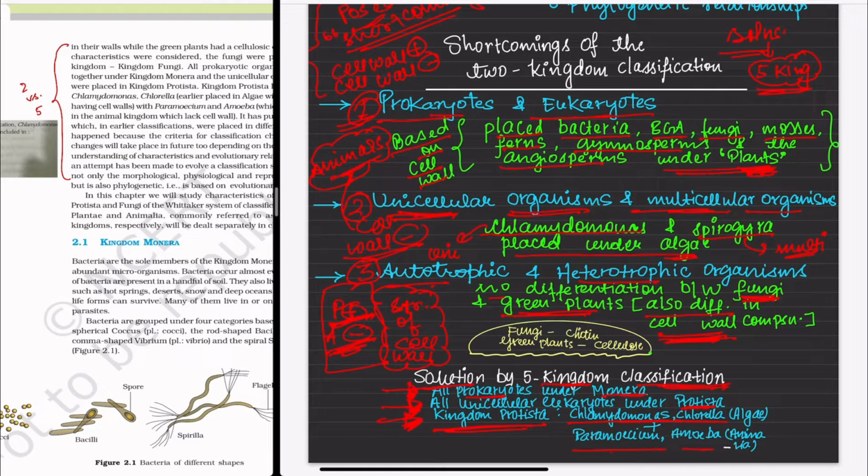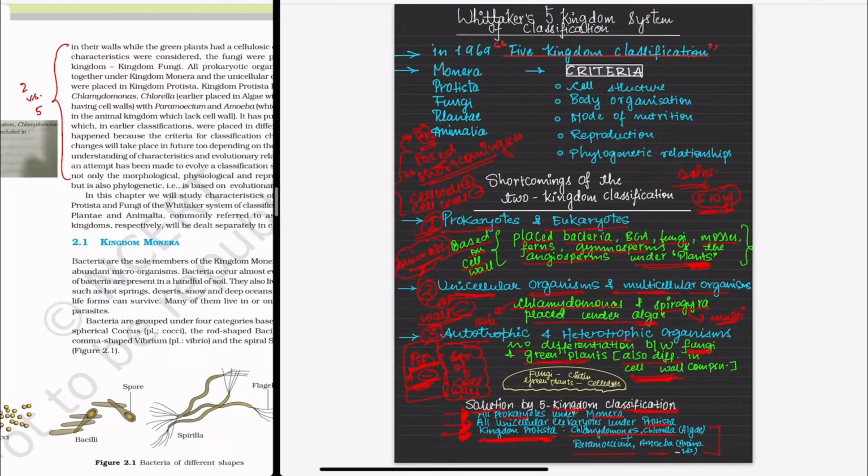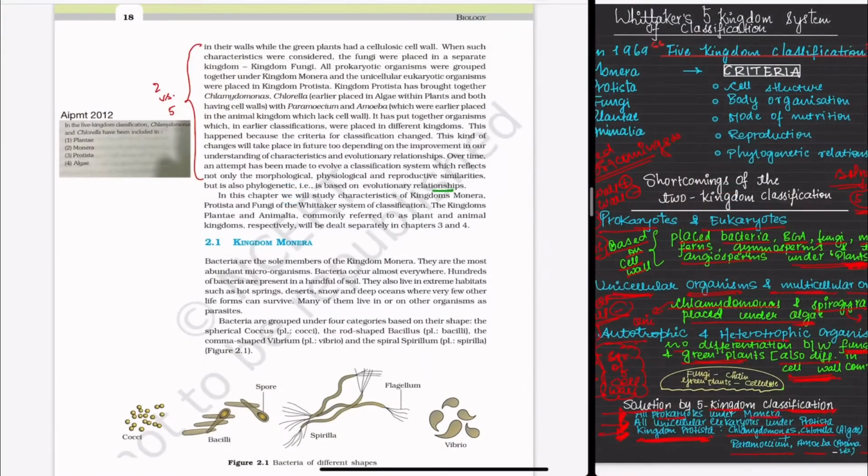So both were united under kingdom Protista. So these were the solutions. Now we have finished up to this point. Now we'll come to the kingdoms of life. So first we will study kingdom Monera.